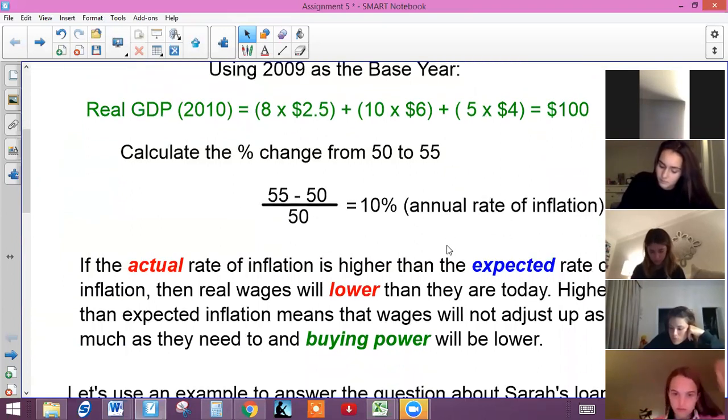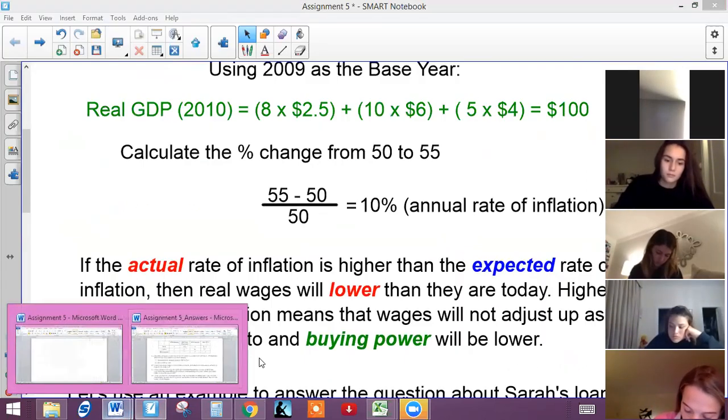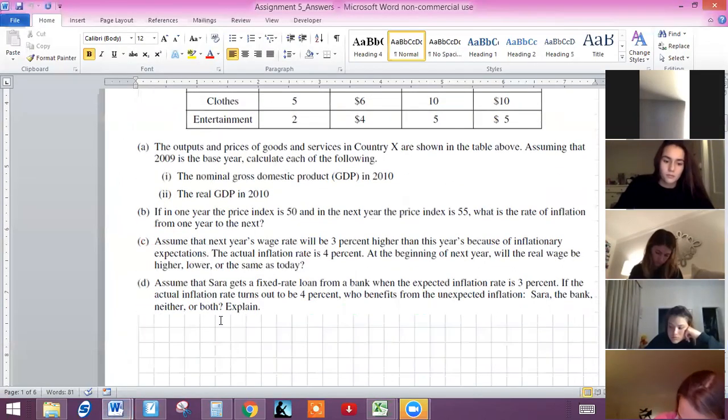inflation. Now, the last part of this is I'm going to take a little time to explain it using a math example, just so you really understand why the answer is the answer. So they're asking us here to assume that Sarah gets a fixed rate loan, and the expected rate of inflation is 3%.